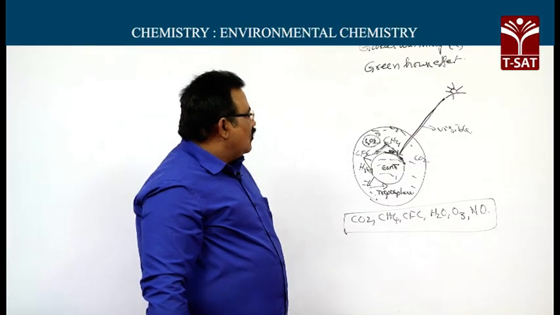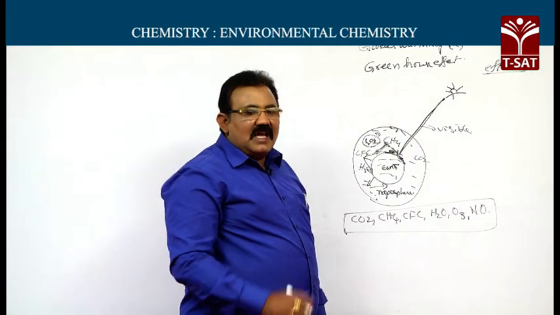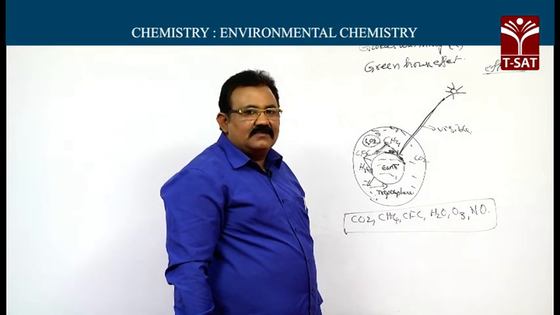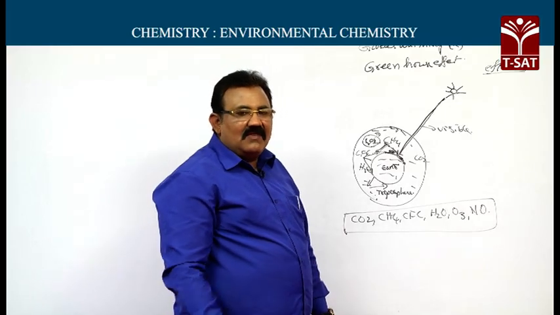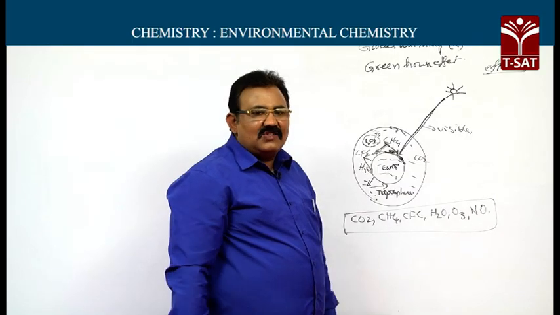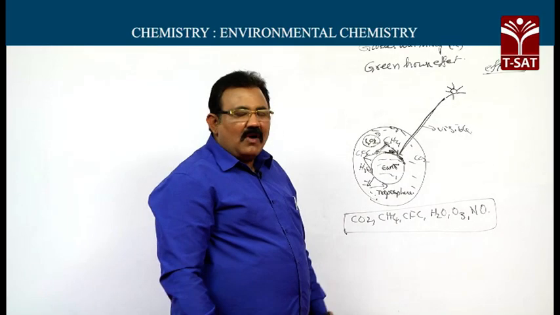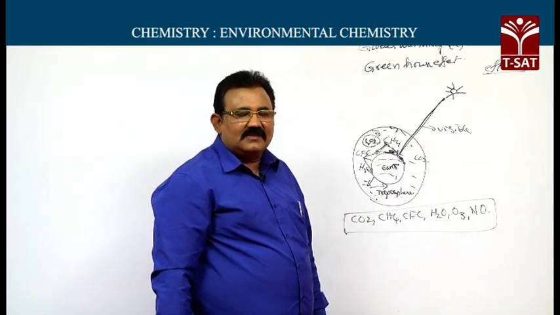Let us see what the effects of global warming are. Melting of ice caps in the polar region takes place. As a result of this, the sea level will increase, and the low-lying areas will be submerged. Due to global warming, unwanted rains and storms will occur.